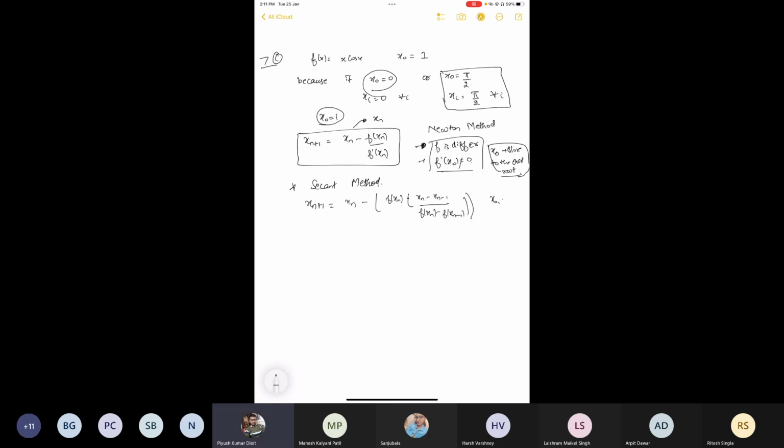So we have to start with two initial guesses. Can you tell me what are the advantages and disadvantages, or you can say the pros and cons, of the secant method over Newton's method? What are the pros and cons?